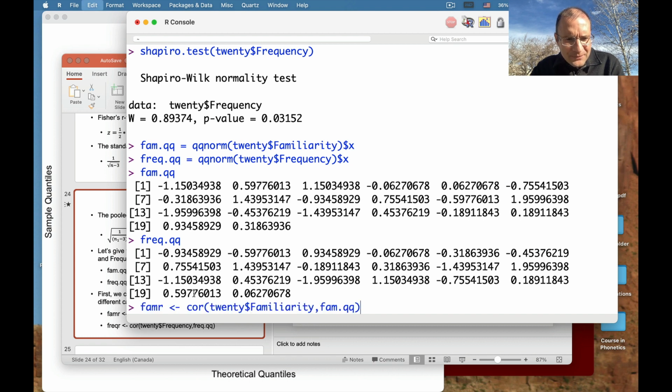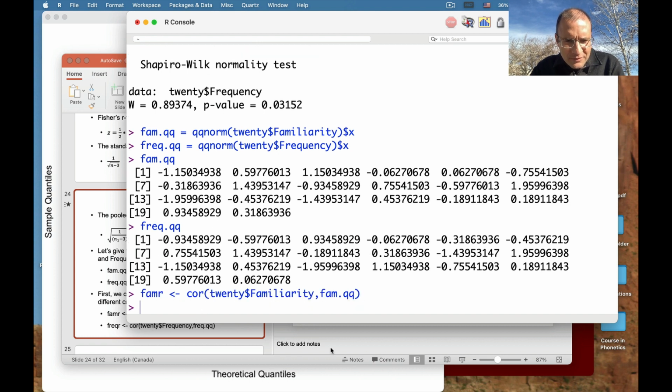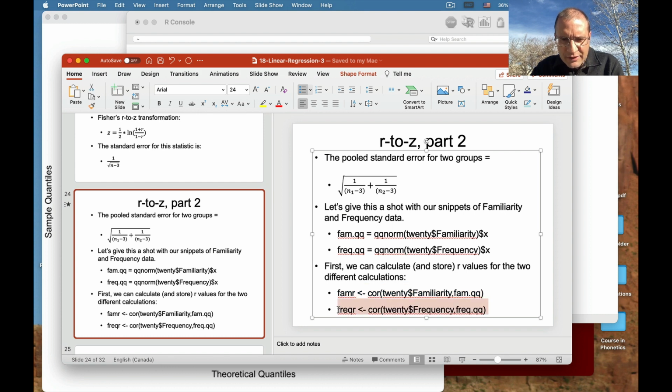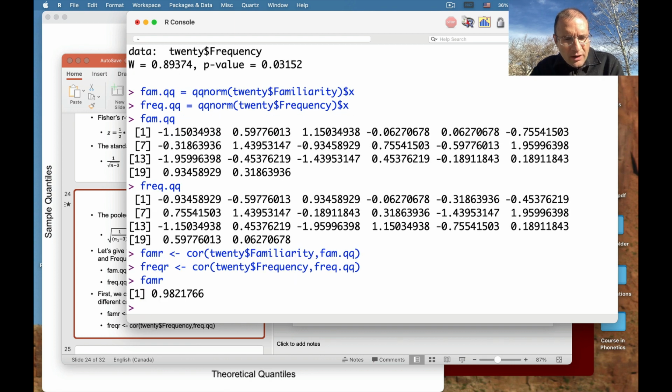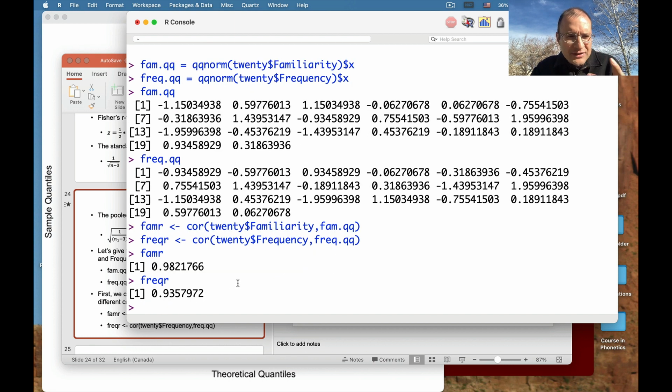And then if we convert those into R values, what we'd expect to get here is a value of 1 if these are normally distributed. They should all fit exactly on that QQ line. But what we're seeing here is R values that are slightly different from 1. So this is the one that's supposed to be normally distributed, according to the Shapiro-Wilk test.